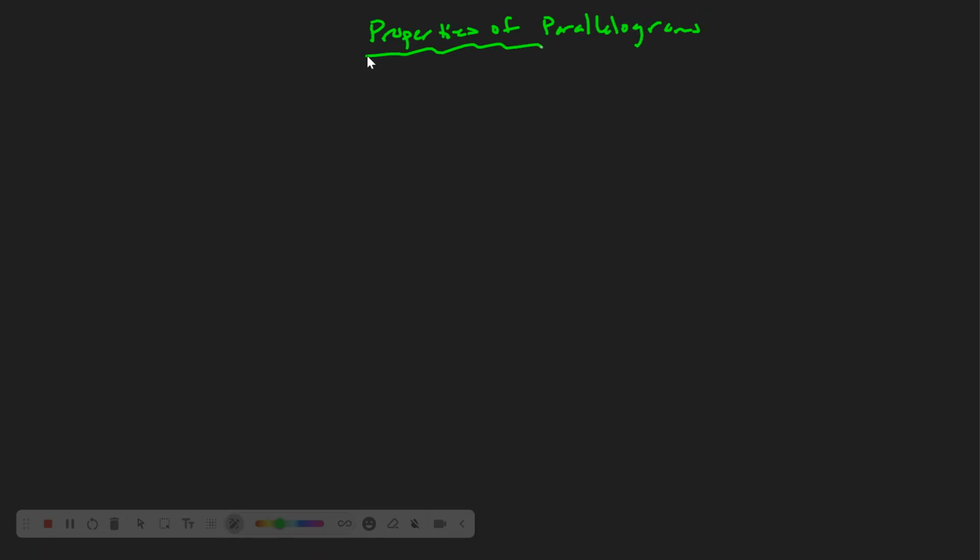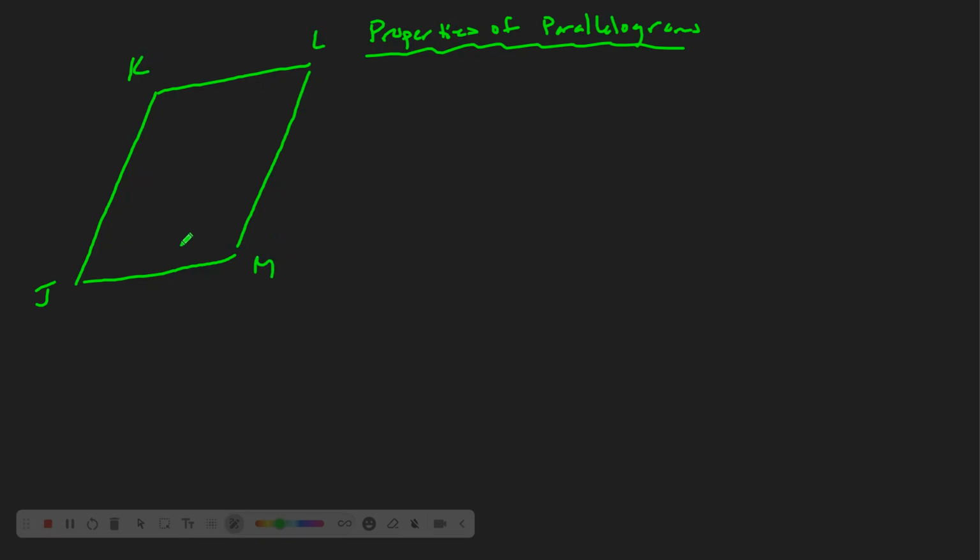They are your notes. So I'm going to draw a parallelogram and call it JKLM. I'm going to draw it kind of tall and skinny, just to give you a different look. So there's my parallelogram JKLM. And again, you know that the opposite sides are parallel.